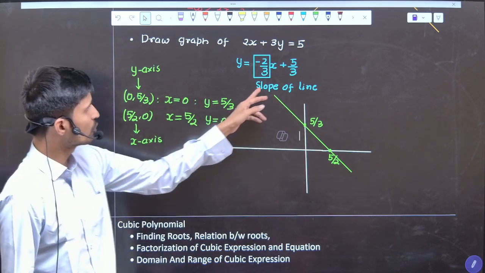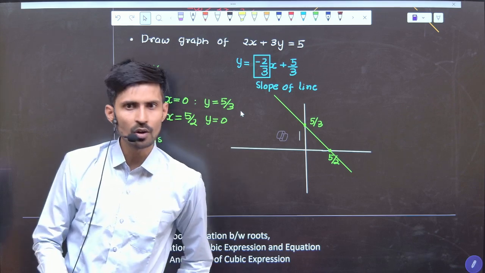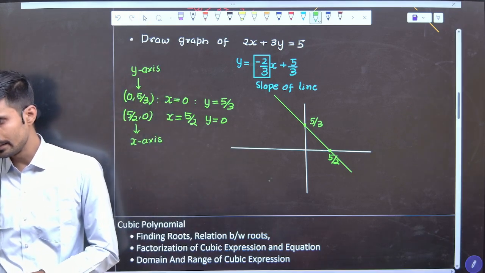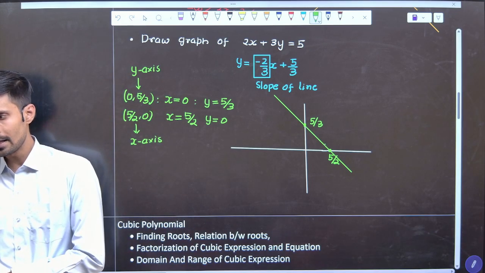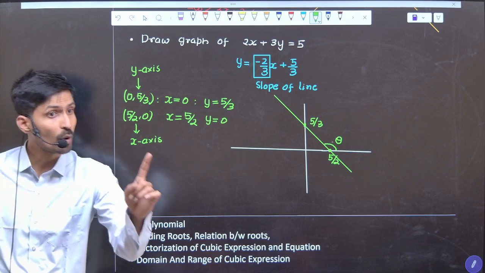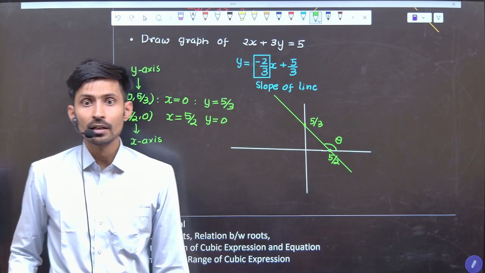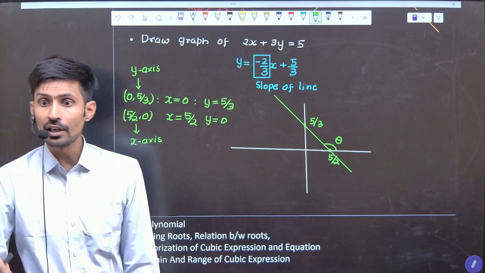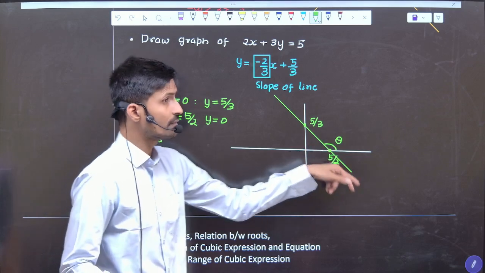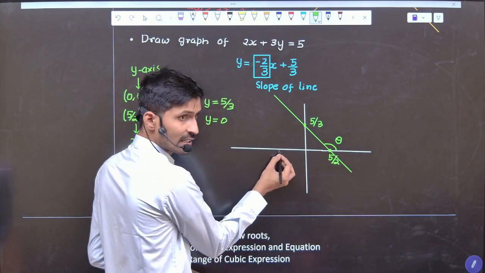Now here I told you about the slope of a line. What is the meaning of the slope of a line? You have to remember it simply. This line will make some angle with the positive direction of the x-axis. I am not saying the line is making an angle with the x-axis; I am saying with the positive direction of the x-axis, because the x-axis extends this side also, and this side also.